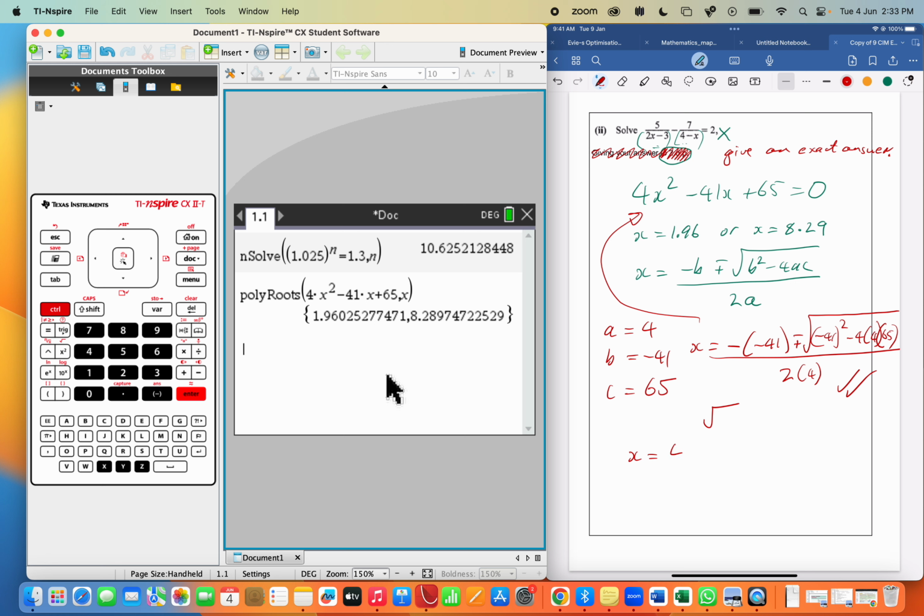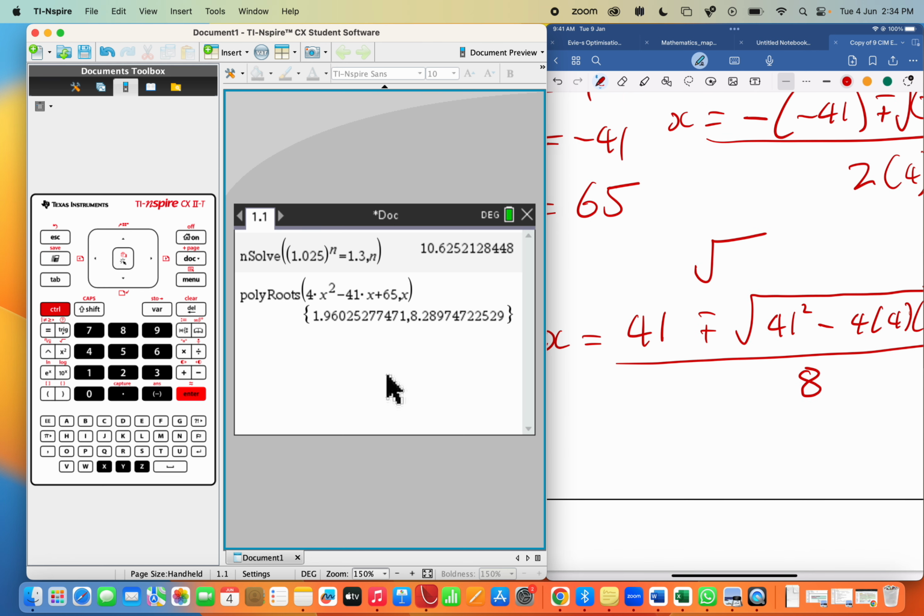x equals 41 plus or minus the square root of 41 squared, because negative 41 squared is the same as positive 41 squared, minus 4ac, all over 2a. Now let's imagine we don't have a calculator, so 41 squared, a nice way of doing it is just to put it in a grid. 40 times 40 is 1600, plus 40, 40 and 1, so that's 1681.